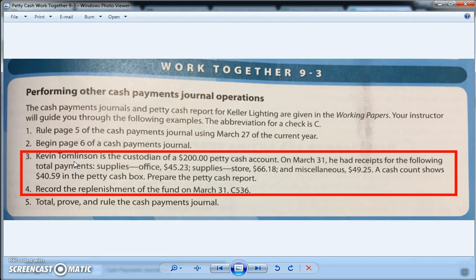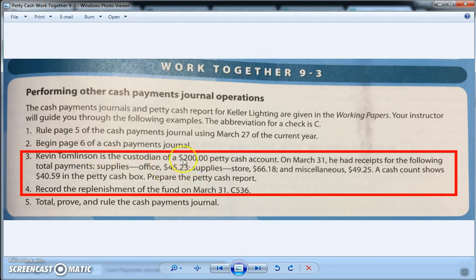So what the accountant will do is, whenever the petty cash fund gets below a certain amount, they will replenish it. What that means is they just simply put in enough money to take it back up to its total.